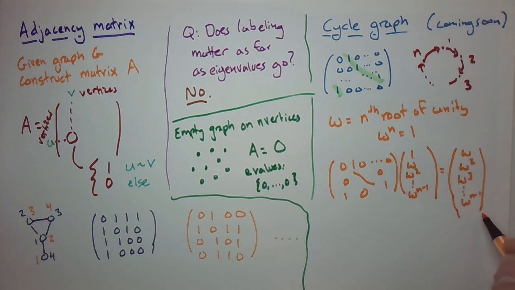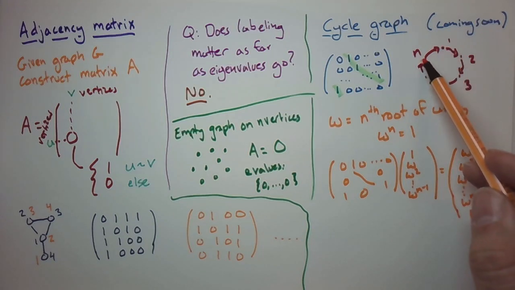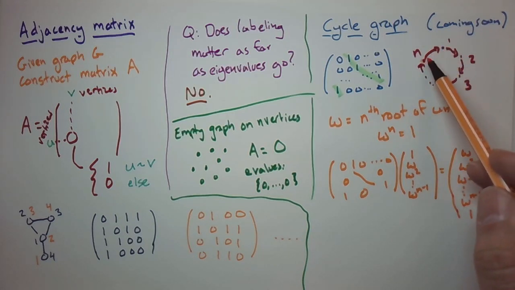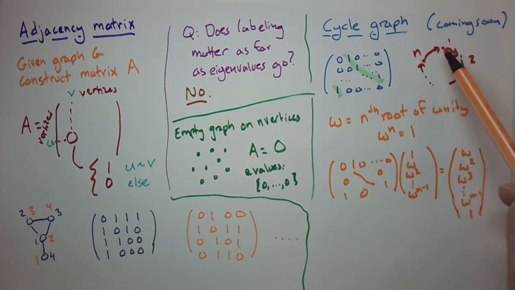And then what's the last one? 1, because I'm passing this value on. I'm wondering if I got my arrows right. Well, close enough. But what's another way to say 1? Omega to the n. Aha.